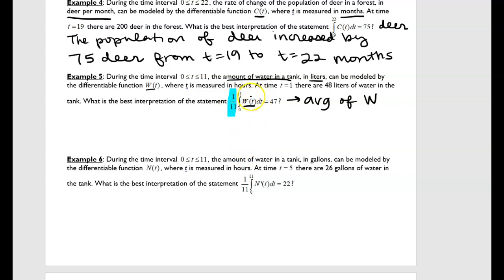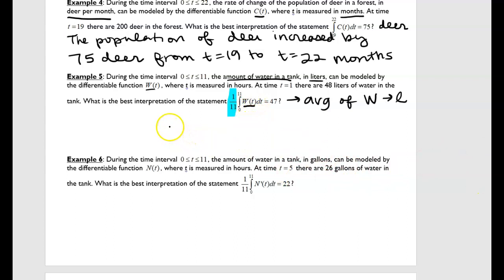Now, if you think about the units for antiderivatives like we did in the last problem, this gets a little tricky. w is amount of water in liters. The antiderivative of that would actually be liters times hours, which doesn't make much sense to us. But then we're dividing by 11 hours, which is going to give us liters. So the units for the average value will be the same units as the units of w, whatever your integrand is, the inside of your integral.